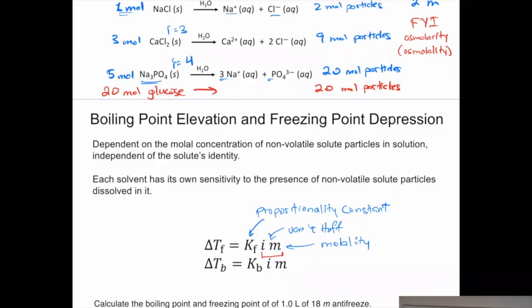Now T sub F and T sub B are going to be unique for any material that we look at. These are unique to each substance, and you would either be given those values, or maybe the problem will ask you to calculate it.